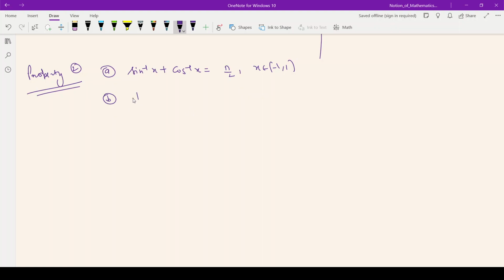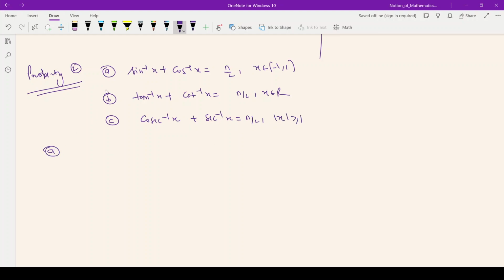B part is tan inverse x plus cot inverse x is pi by 2, x is from the real line. C part is cosecant inverse x plus secant inverse x is also pi by 2, but mod of x is greater than or equal to 1.